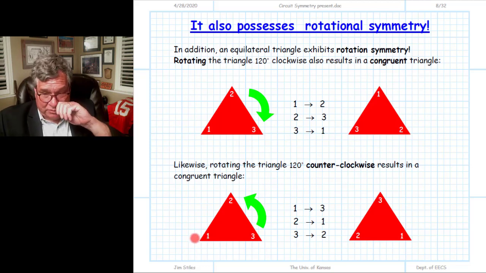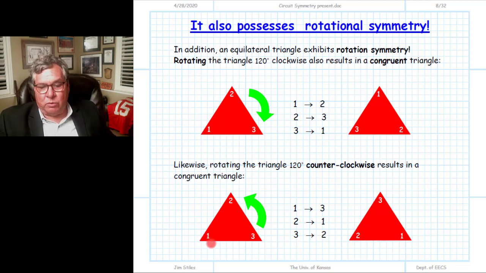We have a situation where corner 1 goes to corner 3, corner 3 goes to corner 2, and corner 2 goes to corner 1. So this is the expression of the permutation, 1 to 3, 2 to 1, 3 to 2. And when we do that, we get this object here. The same object, congruent with what we started out with. Corner on the top, corner on left and right, flat bottom, it's all the same triangle there.